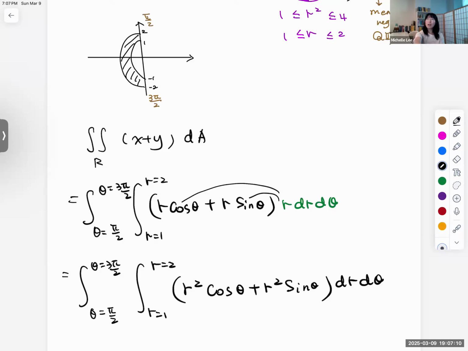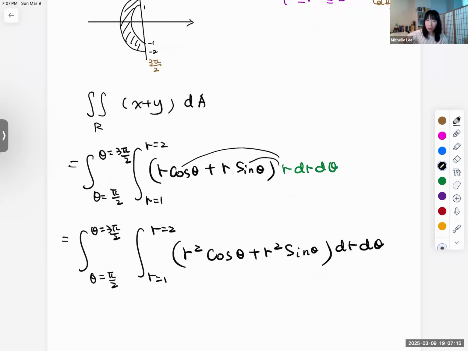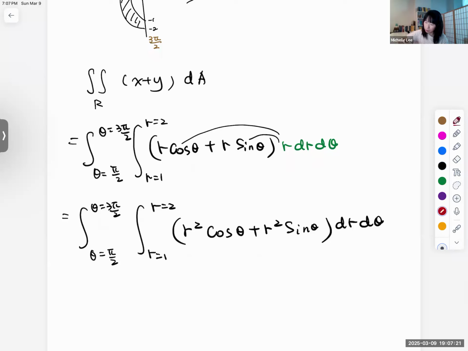Okay, now we integrate with respect to r. Then cosine theta, sine theta is the constant, right? Treat theta as constant.